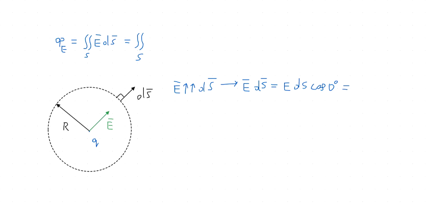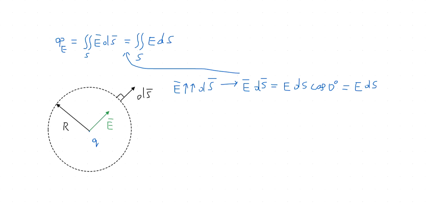So this will be the absolute value of the electric field intensity and the absolute value of the element of surface area. So from here we have that it can be written in this way.